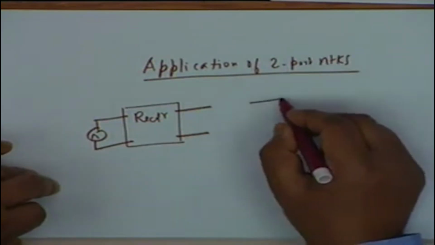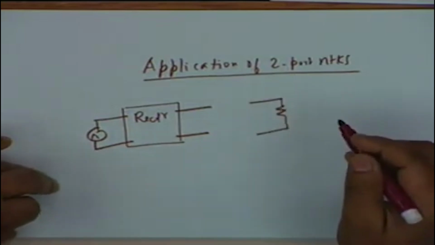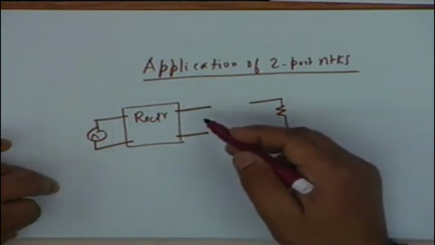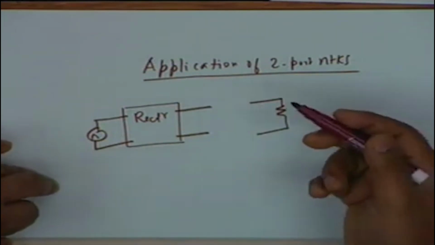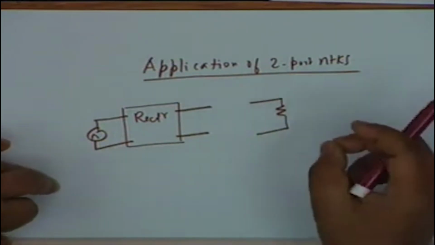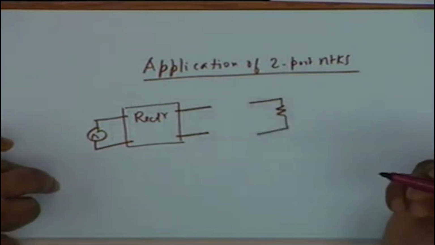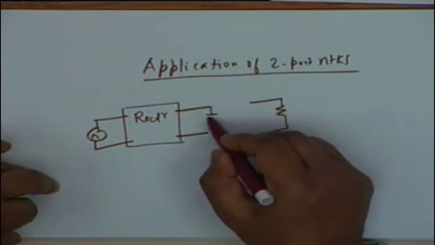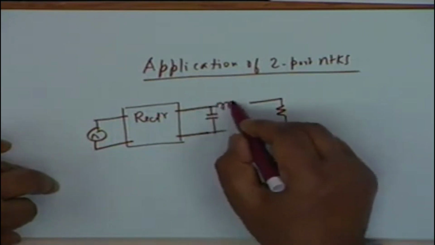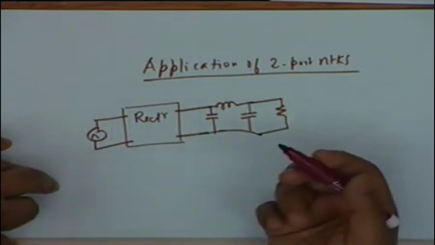You wish to drive a load with this DC, and if you want to improve the DC content or reduce the AC content or reduce the ripple content of the output, what do you do? You apply a filter in between. And we have seen simple filters. For example, you could have a pi filter here, or you could have an L filter.